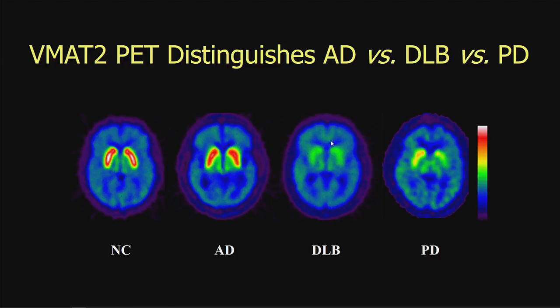We see also more symmetrical reductions throughout the striatum in dementia with Lewy bodies. And for contrast, in Alzheimer's disease, there is no significant loss of nigrostriatal projections. So this tracer allows us to make a nice distinction between these two dementias and allows us also to study Parkinson's disease as it evolves.